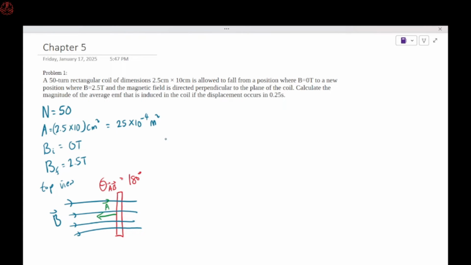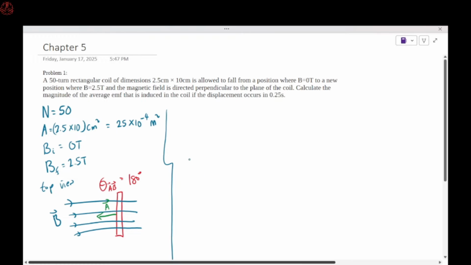Then we can solve this problem if we remember Faraday's law. Faraday's law says that the induced EMF is equal to d phi over dt.